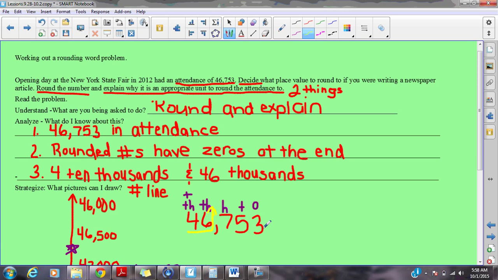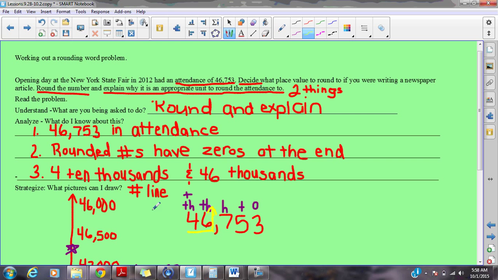So 46,753, because it has 46, I've decided to round to the nearest thousands place. Why? Because it's talking about people in attendance, and I want a close number. I could round to the nearest 10,000s. That would give me a number, but I want a closer number, so I'm going to round to something smaller. Okay? So 46,000 would be what I'm rounding to.